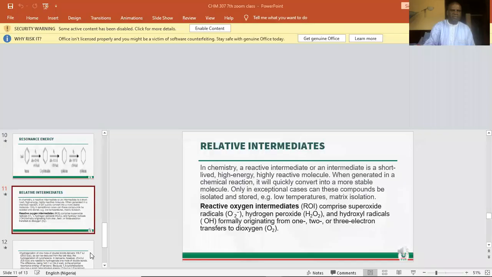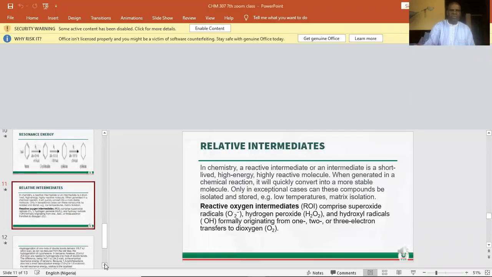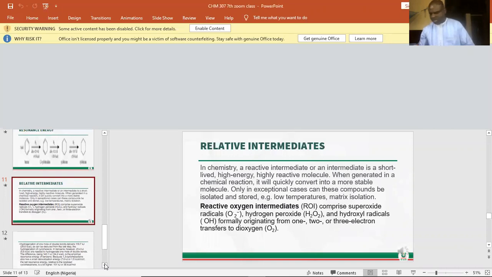If we go back to our slides, we'll be able to look at some of these structures. Now let's look at reactive intermediates. A reactive intermediate is a short-lived, high-energy, highly reactive molecule.